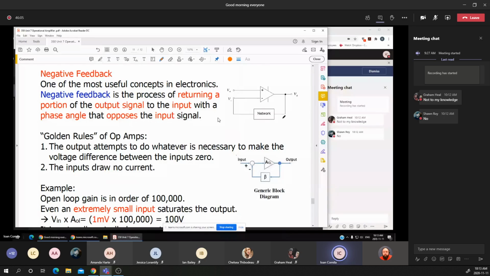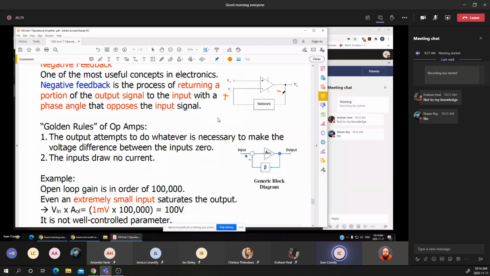Means that suppose that the output voltage is positive, the input voltage is negative, or vice versa. Suppose that the input voltage is positive, the returning signal or the feedback signal will have a negative value. Again, I'm not looking for the amplitude. At this point, I'm looking for the phase shift between the feedback signal and the input signal.